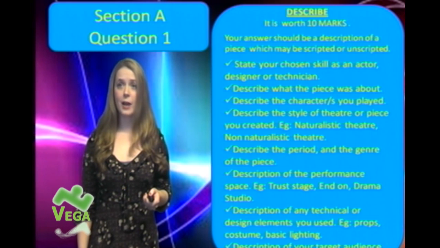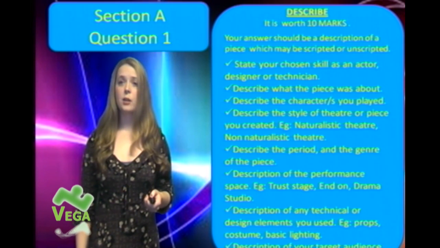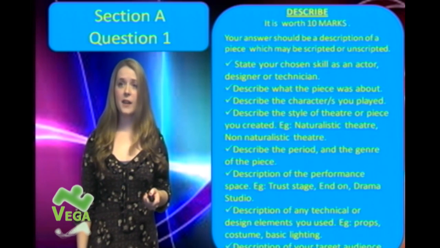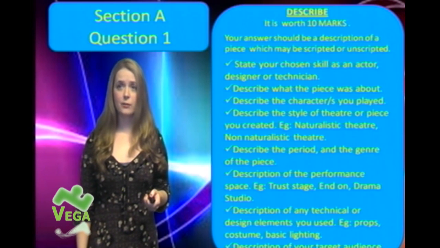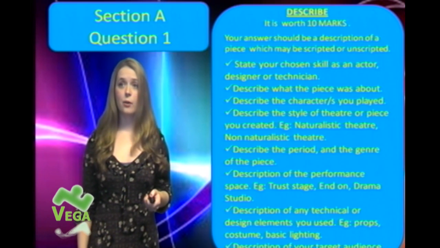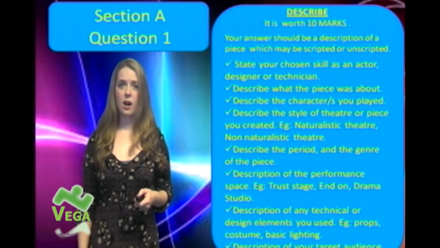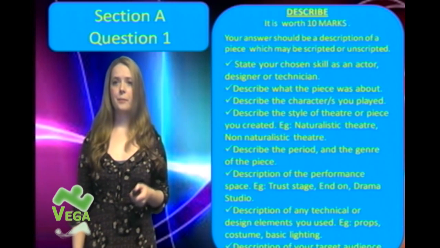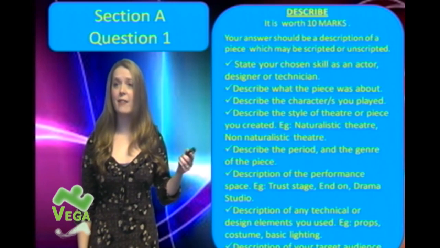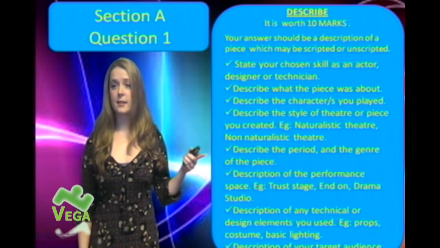You must describe what your piece was about in detail. Describe the characters or character you played. And you must also describe the style of theatre or piece you created, for example, naturalistic style, non-naturalistic style, whether you used physical theatre. You must describe the period and the genre of this piece.